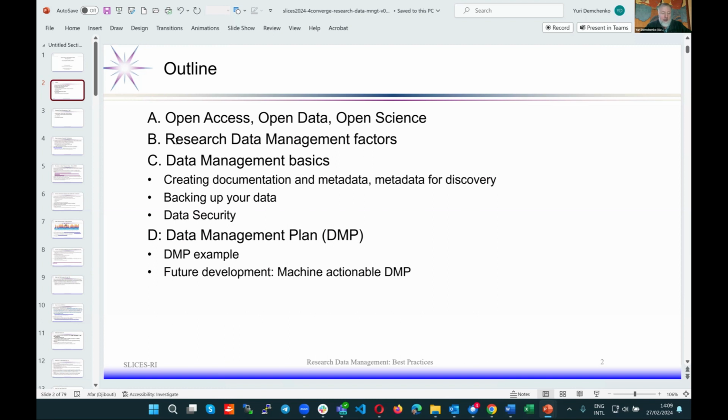Actually, I teach courses related to big data and data management infrastructure, and in two of three courses, I include this topic, research data management and industrial data management. So this is quite important. And during the tutorial, I will simply explain why it is important, who is demanding it, and why it is important for you, also including personal data management.